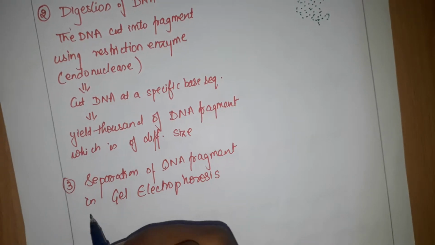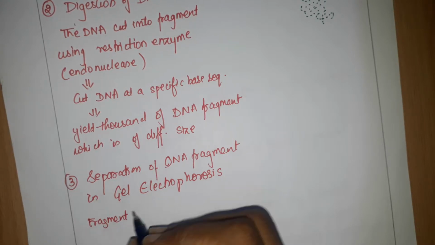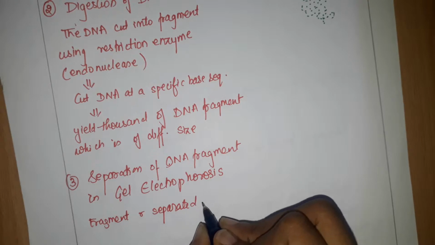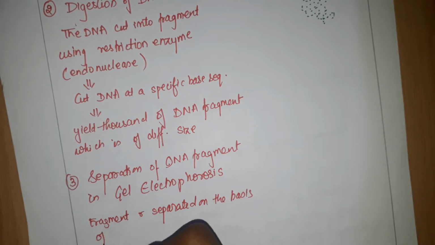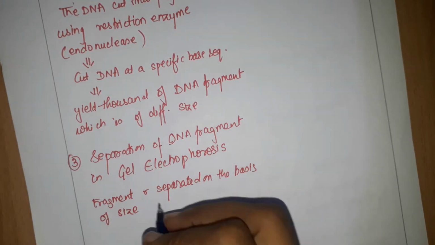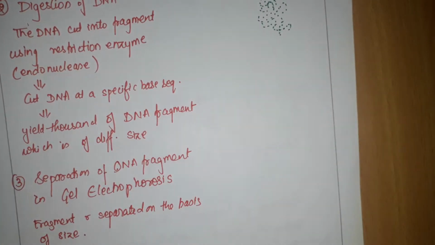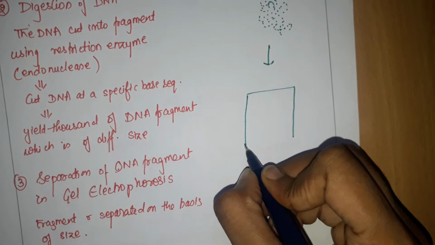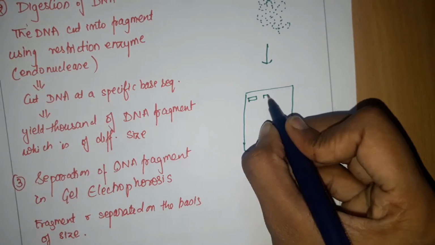DNA fragments are separated on the basis of size. For that, what we have to do is, this is our gel electrophoresis. These are the wells.